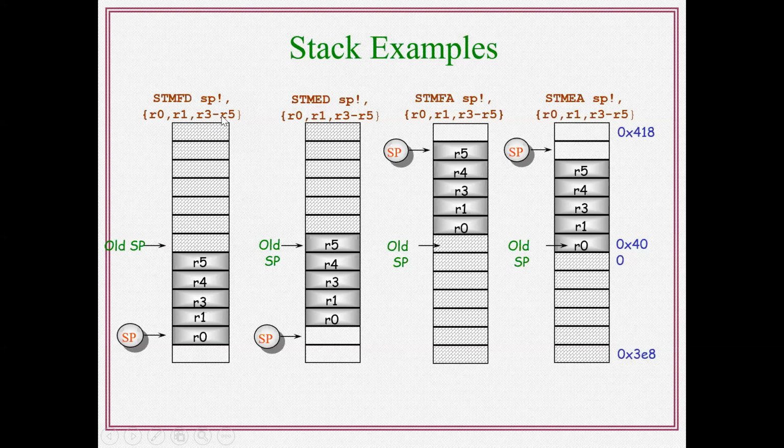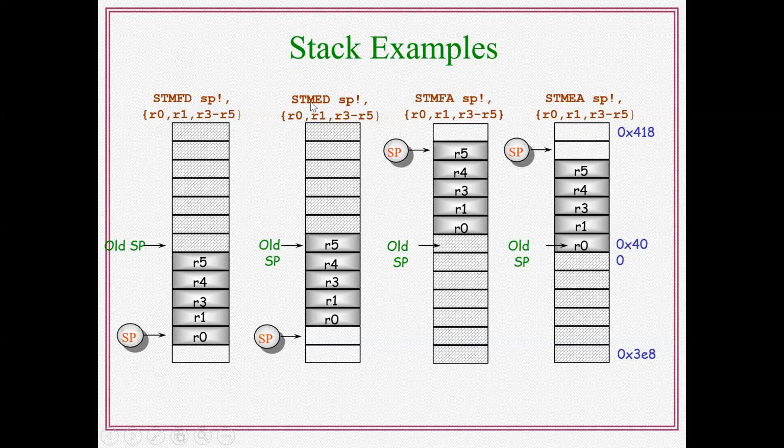After this, R5 is copied to the higher order: R5, R4, R3, then R1, R0. And SP is automatically updated by full descending. It is descending order, one. And second, full indicates that the last occupied address is pointed to. Here it is the last occupied address, so that it is pointed to.